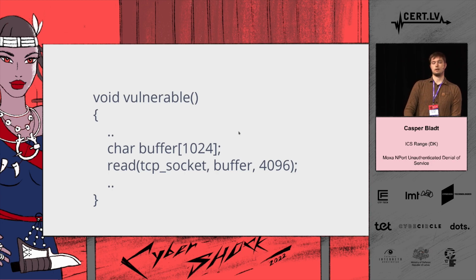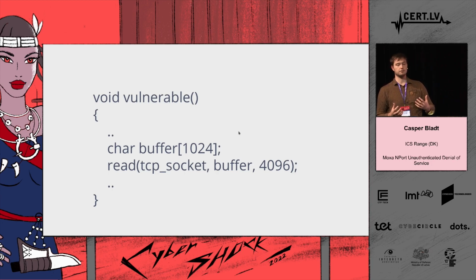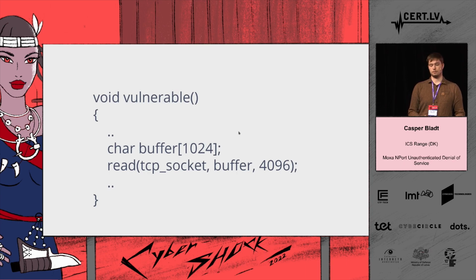In this case, on this Moxa NPort device, this is done through a TCP socket through its web server, actually. So basically, if you just send a web request to it that is too long, then it will die. It's that simple, actually.